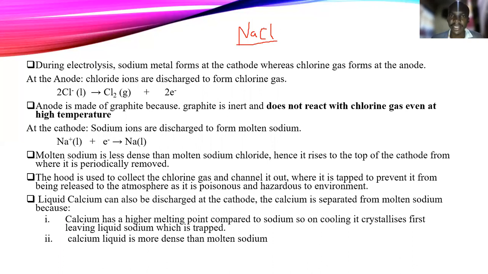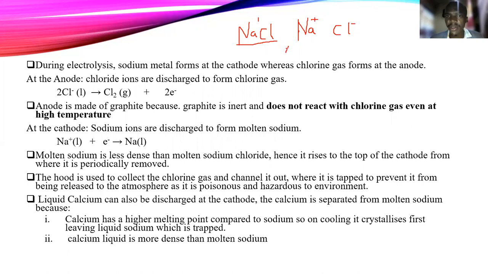In this aqueous, each will form two ions, where we'll have sodium ions, and we have also chloride ions. And also in the Downs cell, we have two terminals.